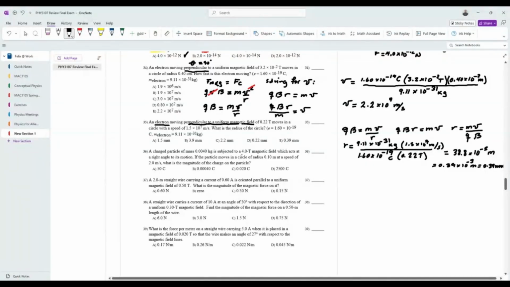And the answer key has an error here, because the answer key shows 3.9 millimeters, but the right answer is really 0.39 millimeters. There's no way. I double checked the calculation multiple times. There is no way that the answer would be just 3.9 millimeters. It needs to be 0.39 millimeters.